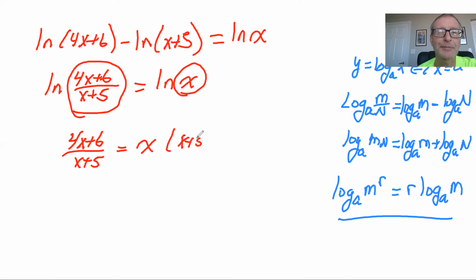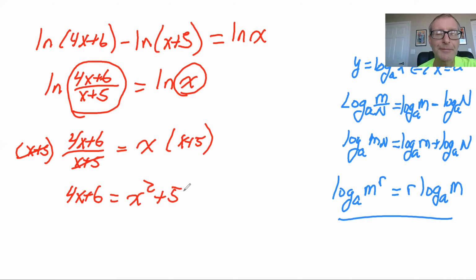Multiply each side by x plus 5, right? So these two cancel. And this would be 4x plus 6 equals x squared plus 5x. If I multiply these through, guess what? Another quadratic. How do we solve this? Well, same way.